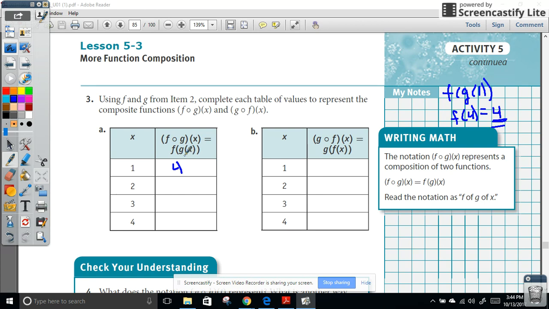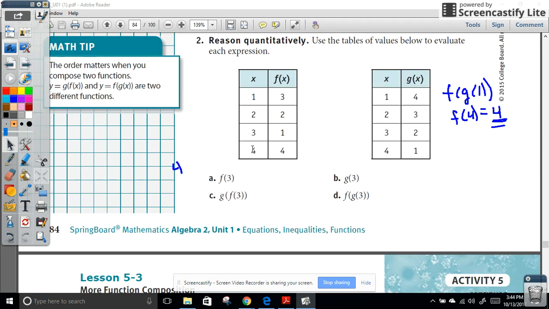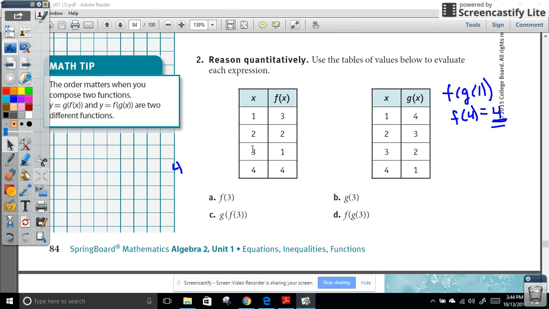Okay, I need to scroll back up. Having to click back and forth for pen and marker is a pain. Now they want f of g of 2. Okay, so that means start on the g function, plug in the 2.